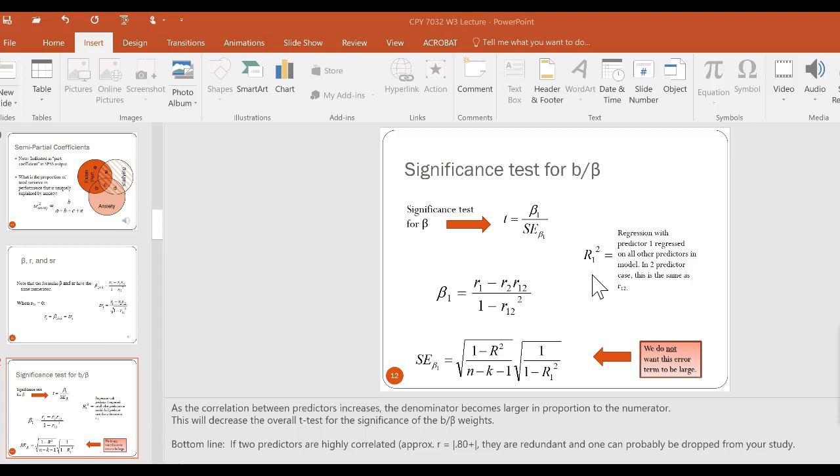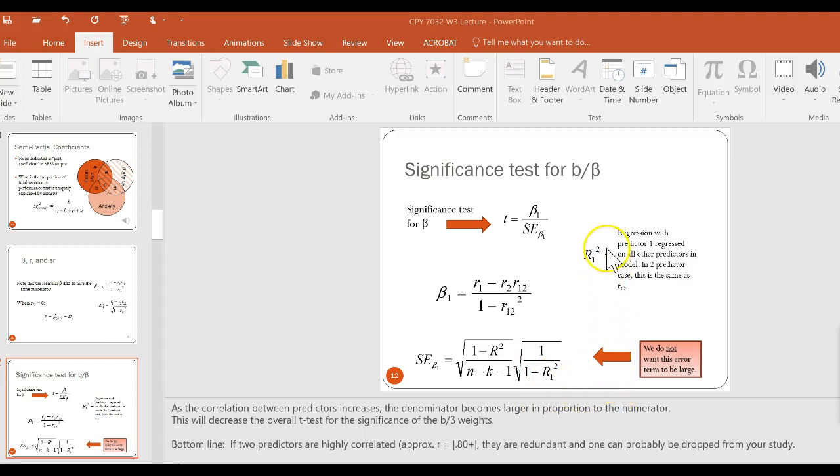And it's simply a term that denotes the multicollinearity extent, so the extent to which this particular predictor is overlapping with the other predictors. So that is the term that goes in the denominator of the second square root term down at the bottom.